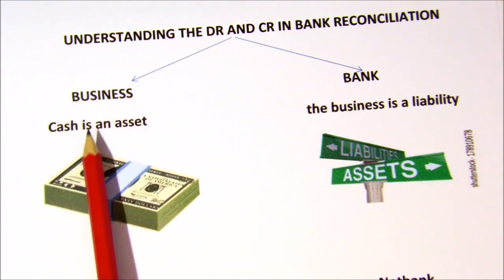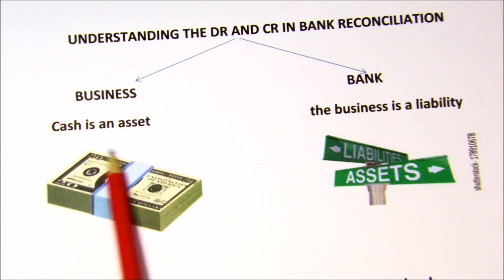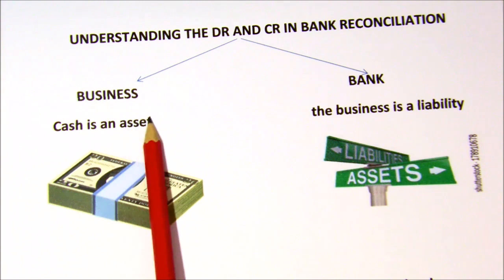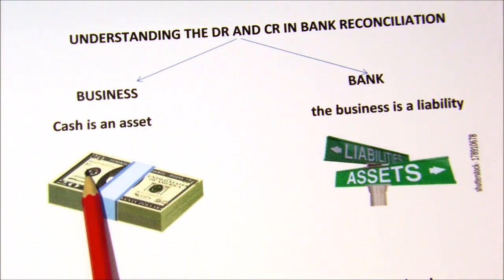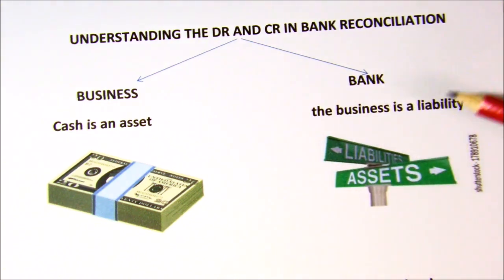In your business, your cash is an asset to you. So you would have a bank account. And that bank account would record all your receipts and payments. Now you take this money and you go and deposit it at the bank. That money is still your money, remember?